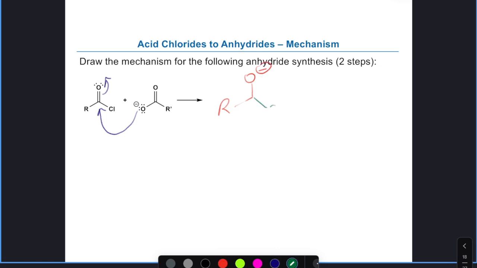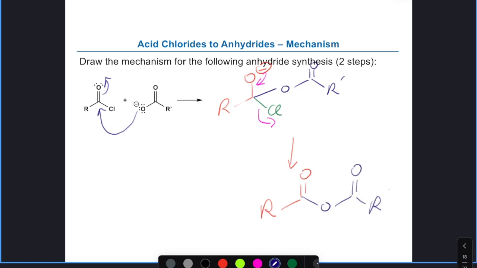And we've just brought in our other fragment. That's our step one. That's the nucleophilic addition. And this is a simple collapse of that one. That anionic tetrahedral intermediate is going to bring that charge down, punch out the leaving group, our chloride. That's going to give you your R, double bond O, O, double bond O, OR prime. That's how we make our anhydrides from these systems.